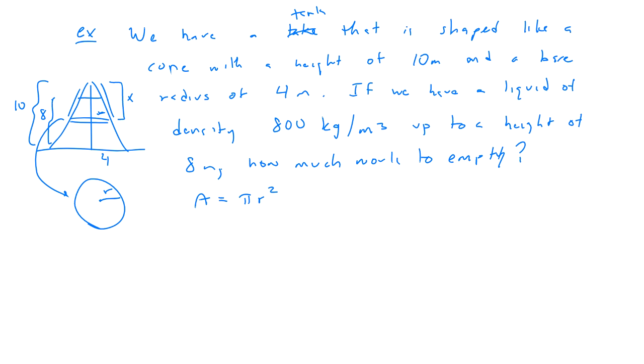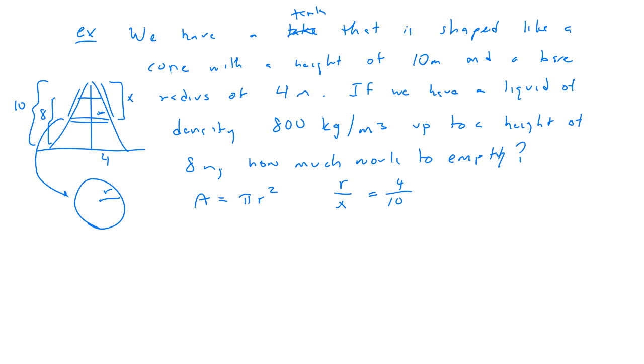Right, so if I put r over x, the radius of the small triangle over the height of the small triangle, that's equal to the radius of the big triangle over the height of the big triangle. So for similar triangles, ratios are constant.